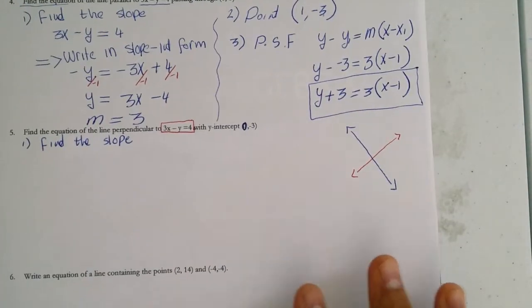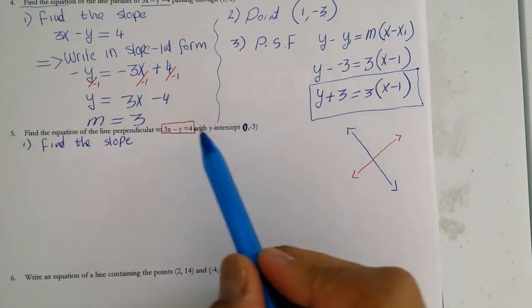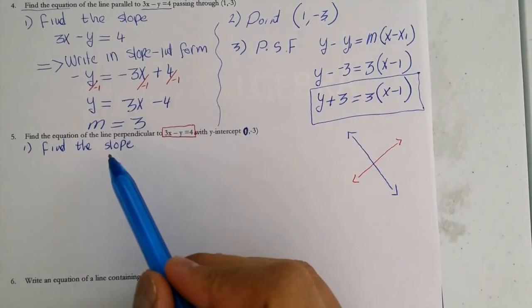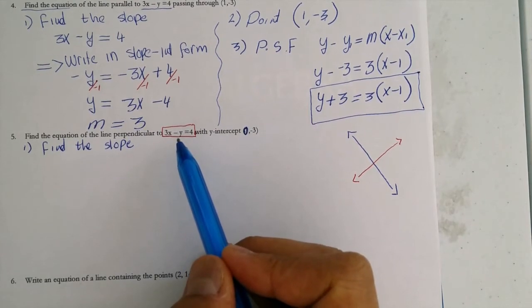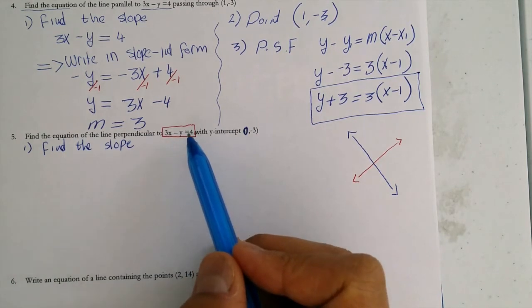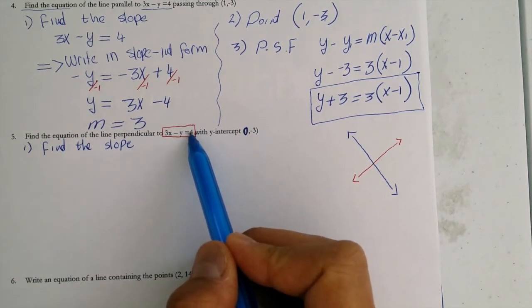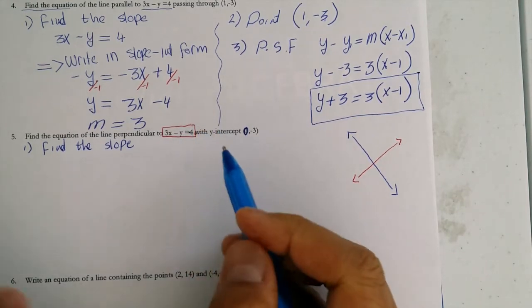So this is helpful because the slope of our line is the negative reciprocal of the slope of the line given to us. So the idea here is to find the slope of this line and then take the negative reciprocal, which is the slope of our line.